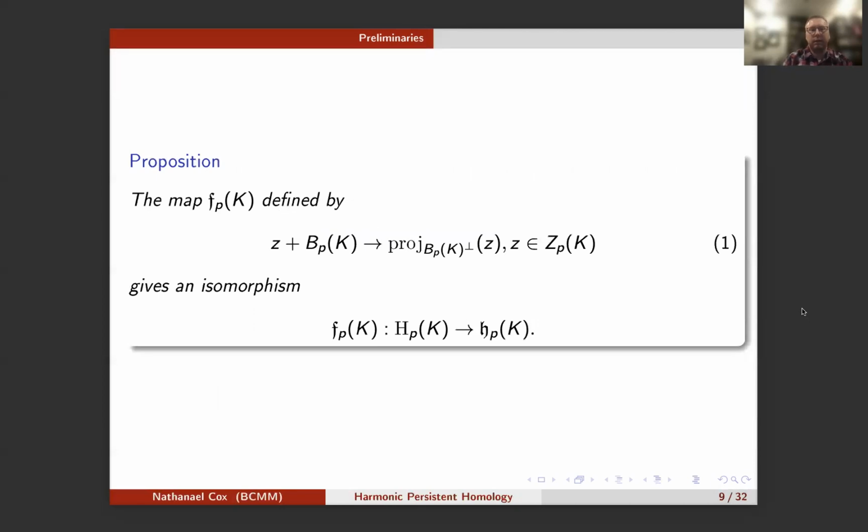But we can relate these harmonic homology subspaces via this map that sends cosets to their projection in the orthogonal complement. And this gives an isomorphism between homology and harmonic homology.